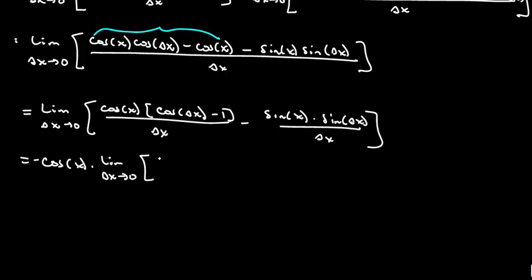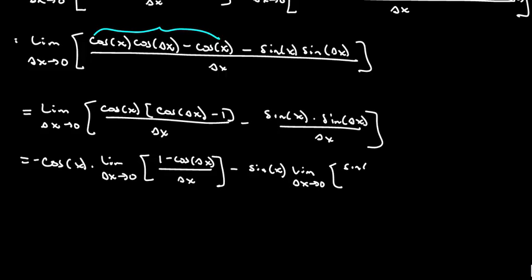Okay, and that's 1 minus cosine delta x over delta x minus, now it is minus this time, pull out the sine x because that's again not dependent on delta x. So this would be minus sine x times the limit as delta x goes to 0 of sine delta x over delta x.